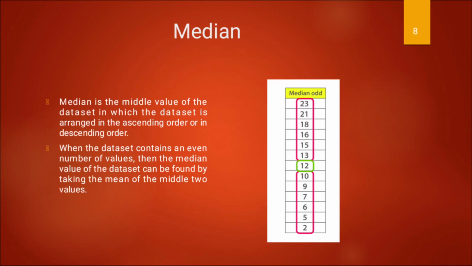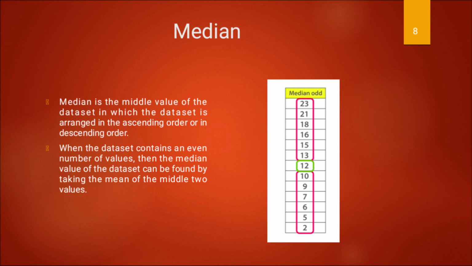Median is calculated whenever we have different data values. We first arrange them in ascending or descending order as per the given condition. If there is no mention, we can arrange in either order. In the given example, we first arrange the data in decreasing order.